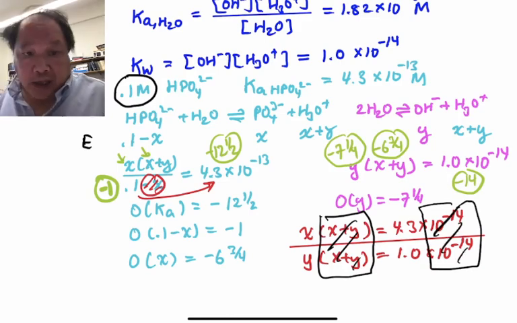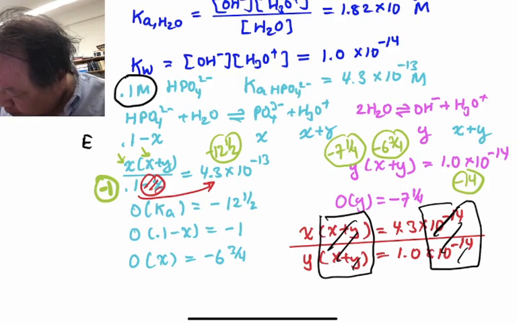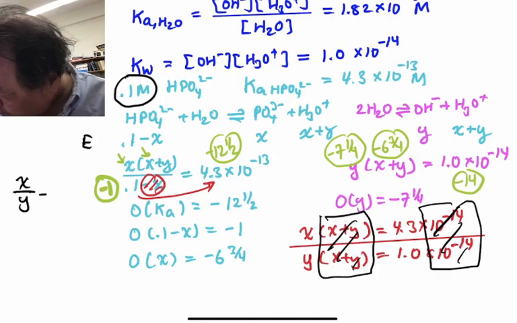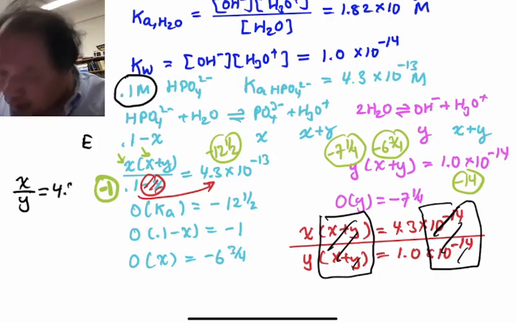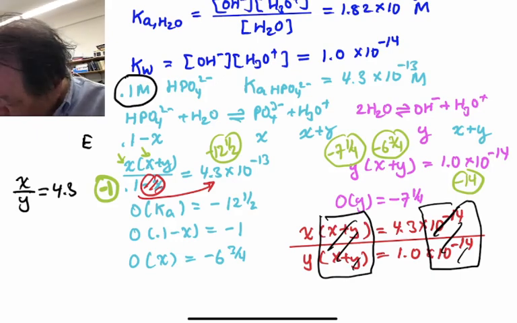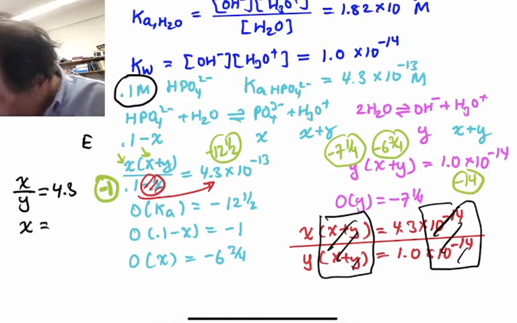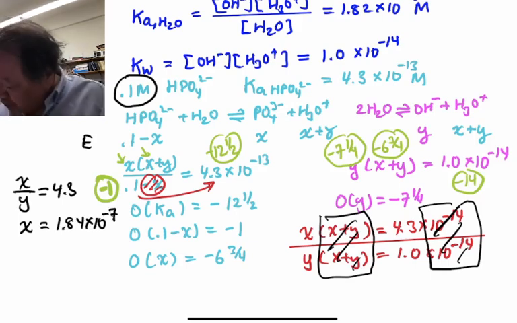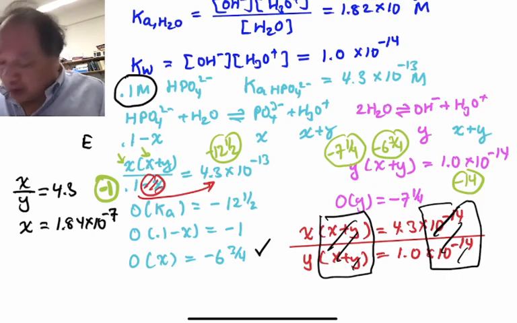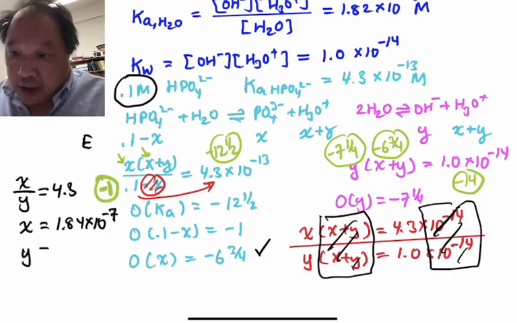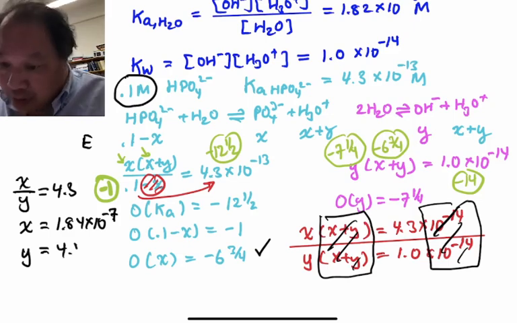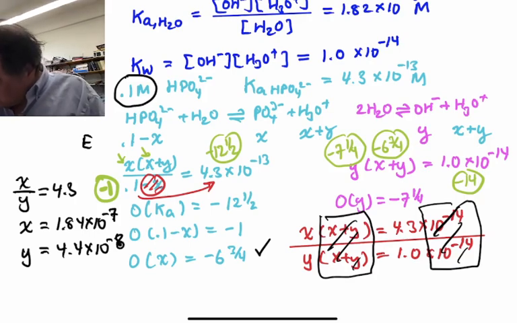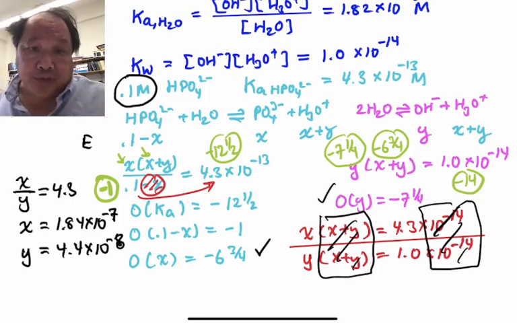And we end up with X divided by Y equals 4.3, and then we can solve, and we'll find that X is 1.84 times 10 to the minus 7, at the order of magnitude we predicted, minus 6 3/4, and we'll get Y is 4.4 times 10 to the minus 8, very much in line with the order of magnitude that we predicted here of 7 1/4.